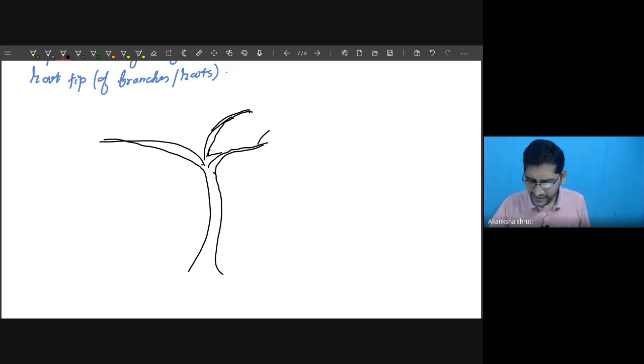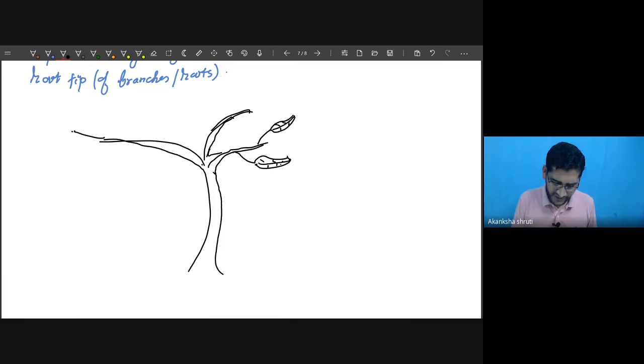Okay, there are different leaves. I'm just drawing very few leaves.